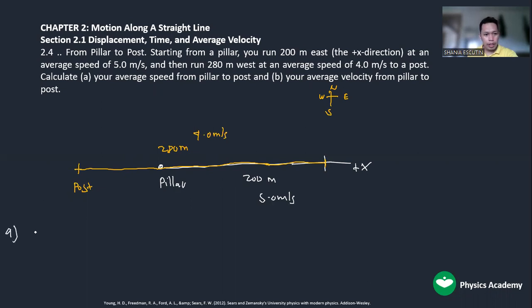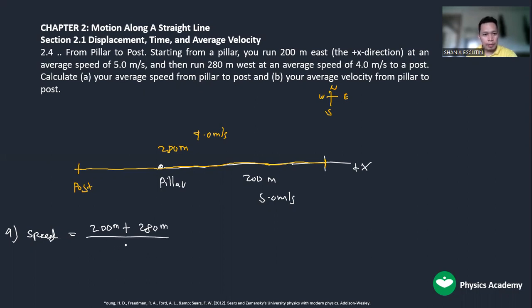For letter A, if you want to calculate the speed, this is just equal to the total distance from pillar to post, so 200 plus 280 meters, that's your distance, divided by the total time.